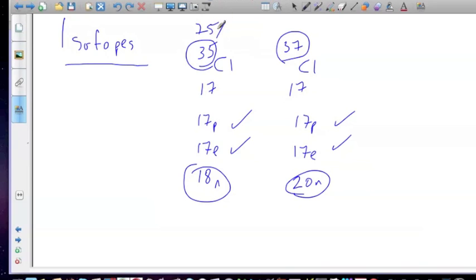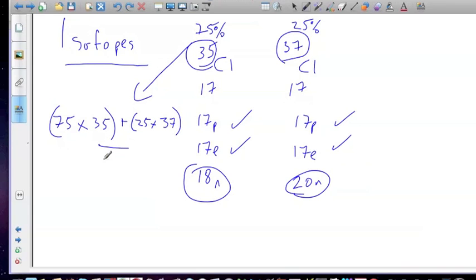And the ratios are 75% chlorine-35 and 25% chlorine-37. So if 75% of them are 35 and 25% of them are 37, divide that by the whole, which would be 100, you get 35.5. And that's how you end up with a relative atomic mass of chlorine of 35.5.